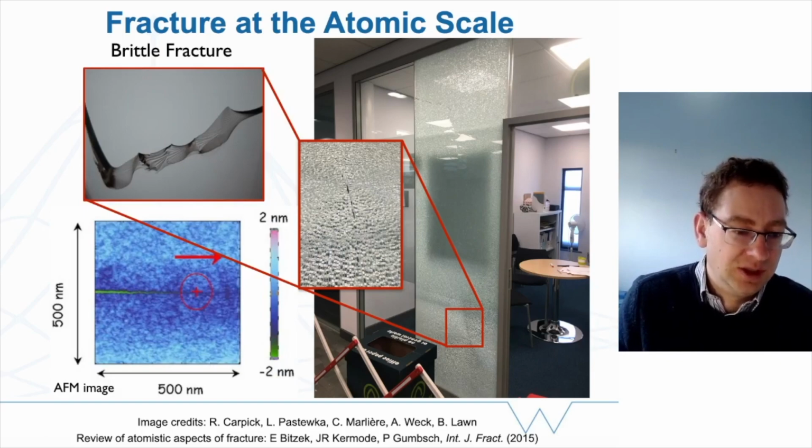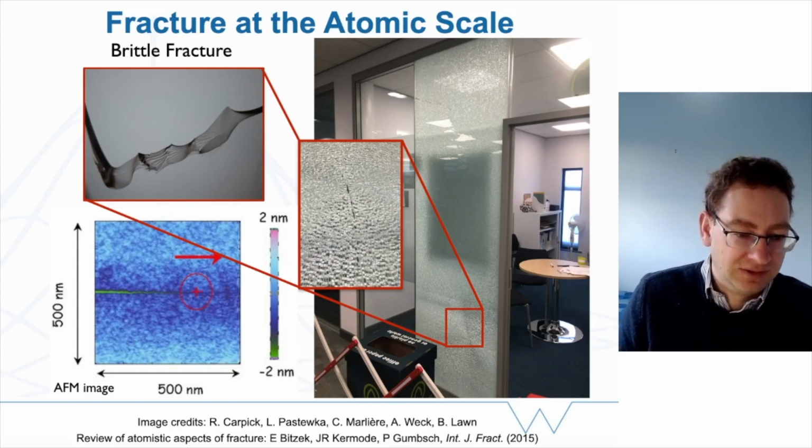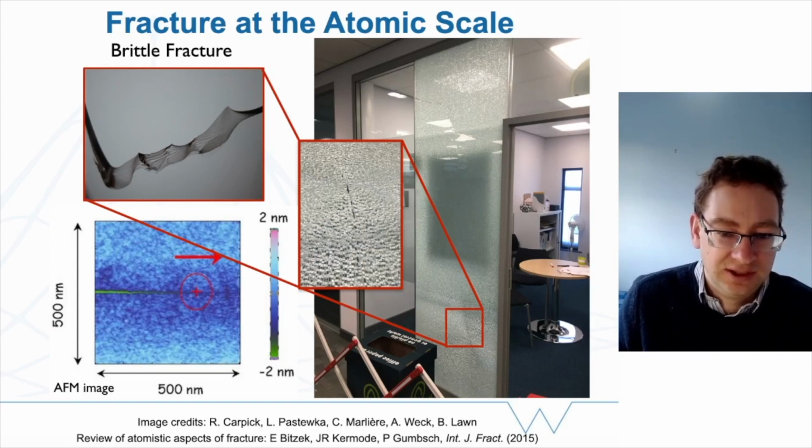So this picture on the bottom left is an atomic force microscope image. It's not actually an image of my door, but it's of a similar piece of glass, and it's down at the 500 nanometer scale. So that's half a micron in scale, and you can see that the crack shown in green inside is really sharp, right down at the atomic scale.